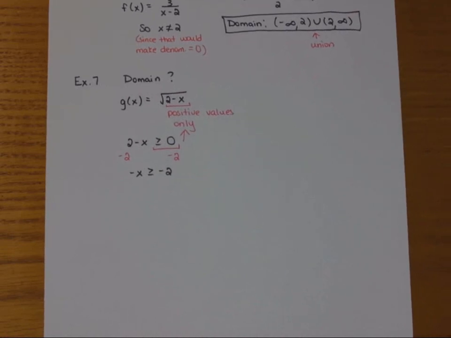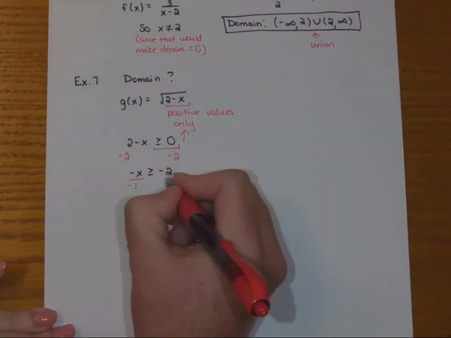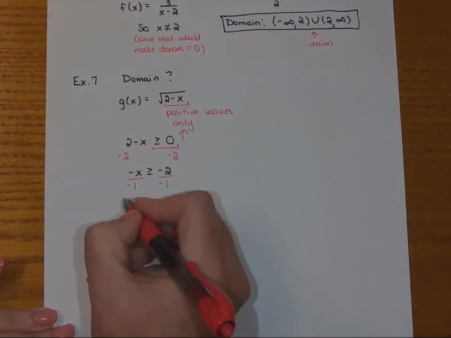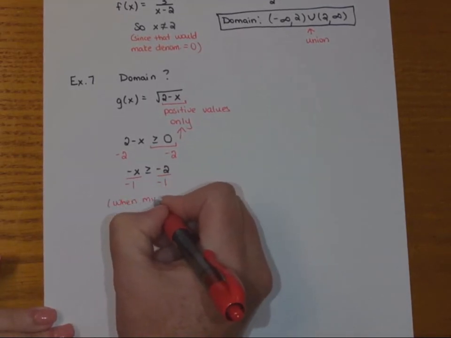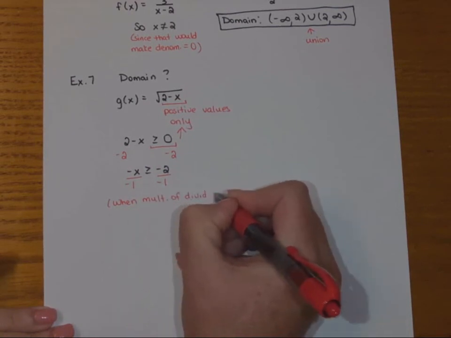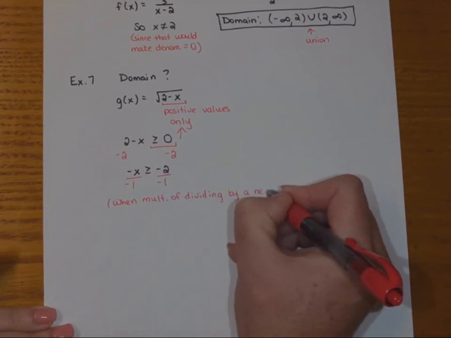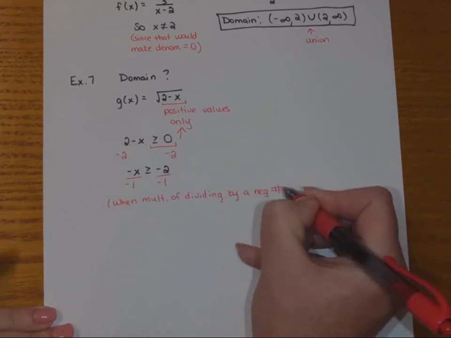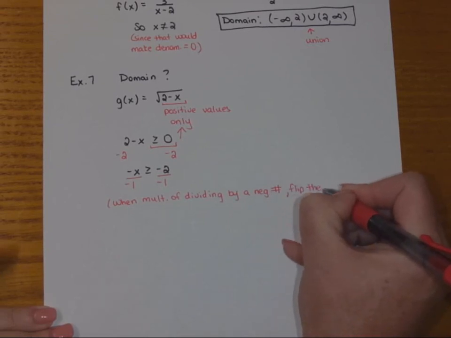But notice I don't really want negative x. I want to know what x is. So for this one, I would divide by -1. It's probably been a minute since you looked at this, but when you are multiplying or dividing by a negative number, like we did just then, you need to flip the inequality sign.